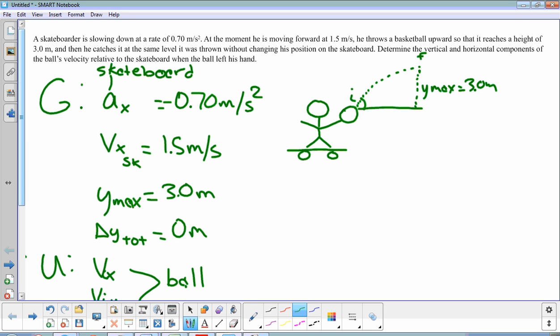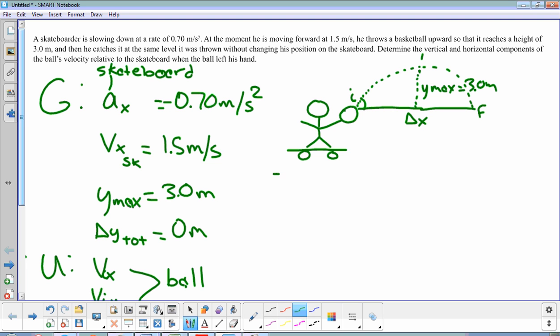Okay, so Y max is 3 meters. I don't know what my X is. Maybe I'll call this point 1. That'll work. Initial, this is point 1, and this is down here, my final. You like that better? Alright, so this is delta X, which is unknown.